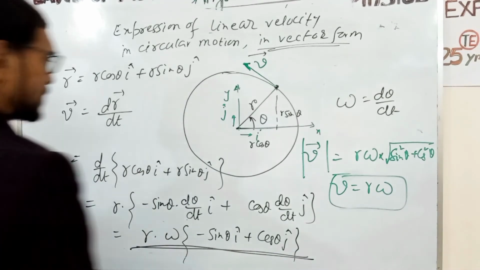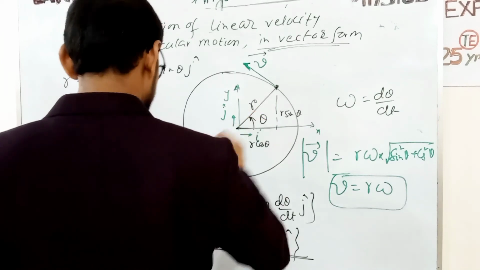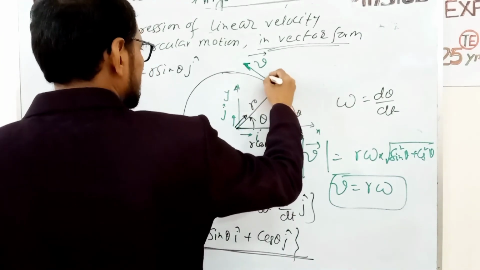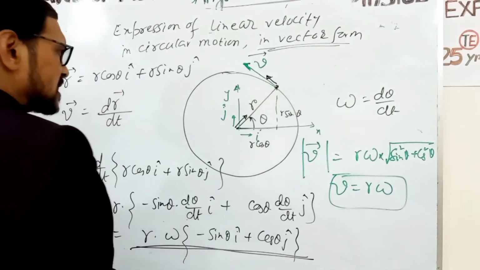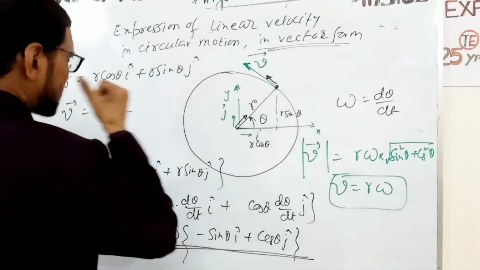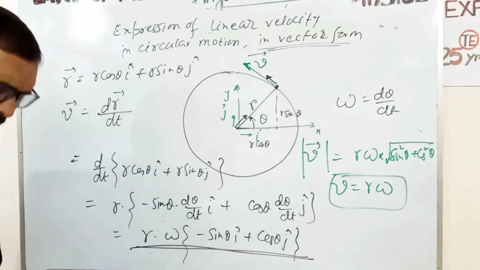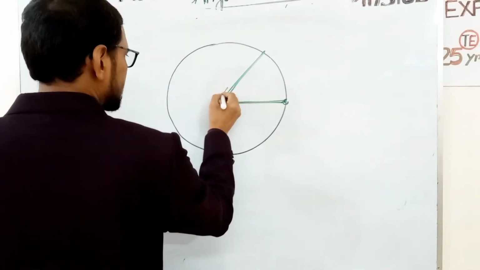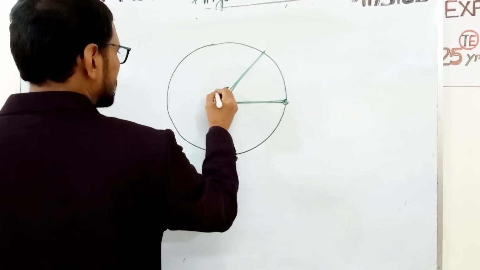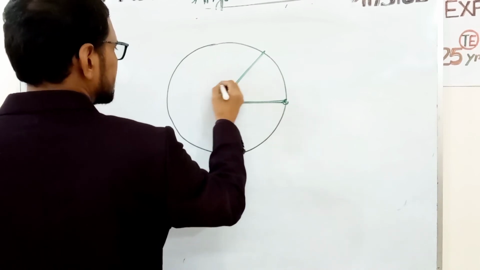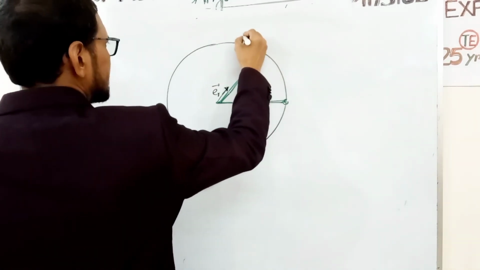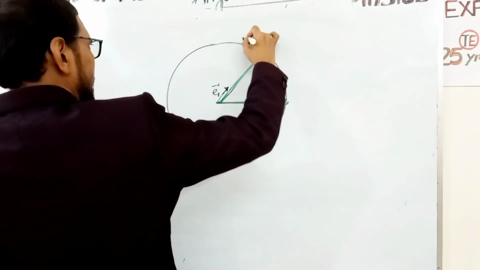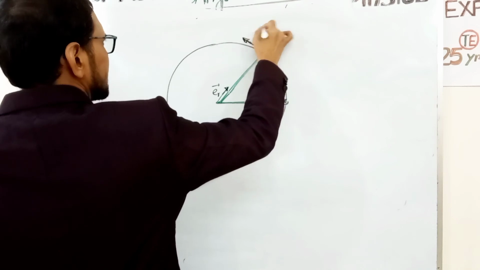Now what is the unit vector along this and this? This is the radial vector and this is the tangential unit vector. Just now I derived the radial unit vector at angular position theta. This is the radial unit vector, say er, and this is the tangential unit vector, et.